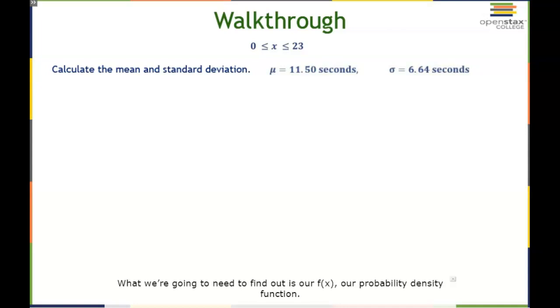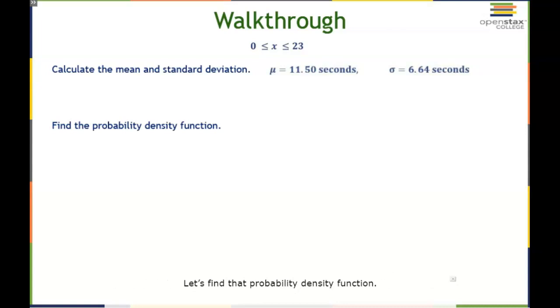What we're going to need to find out is our f of x, our probability density function. That's always going to be our height of our uniform distribution. And then we're going to have to find our base for any probabilities that we calculate from here on out.